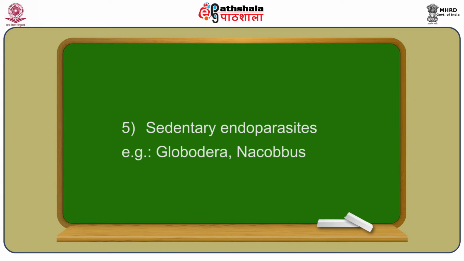The next category is the sedentary endoparasites, which have evolved the most. They are the most advanced and specialized strategies of root parasitism. They induce specific permanent feeding cells or feeding structures from which they derive their food throughout development and reproduction.